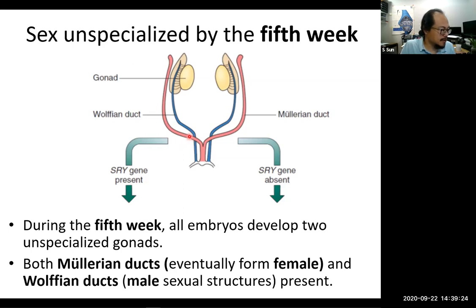So by the 5th week, the embryo has developed 2 unspecified gonads, as well as these 2 tracts. If we have the SRY, then the Wolffian duct will develop into male. If we don't have the SRY, the Mullerian duct will develop into the female sex structure.